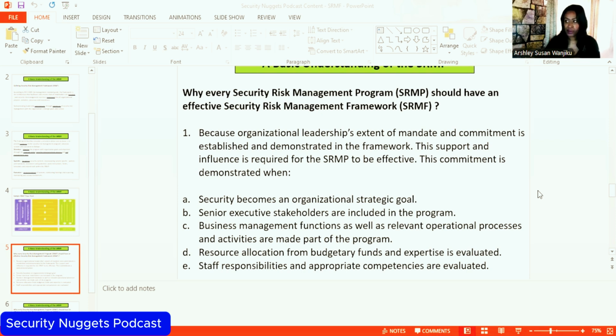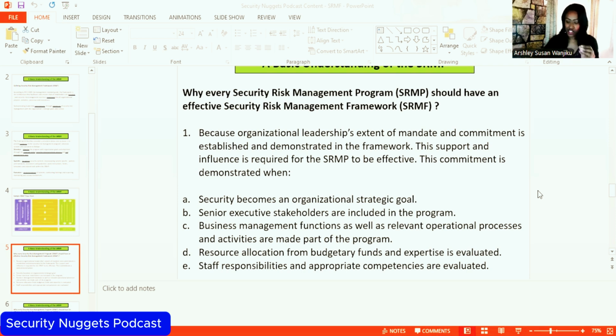Before budget is approved for a security system to be executed, there's always a lot of push and pull because it is not being seen as a priority. Unfortunately, for some organizations, it's been seen as a cost center, right?